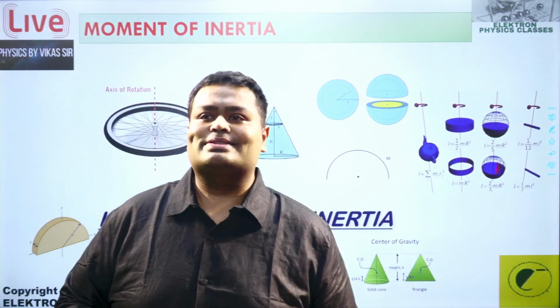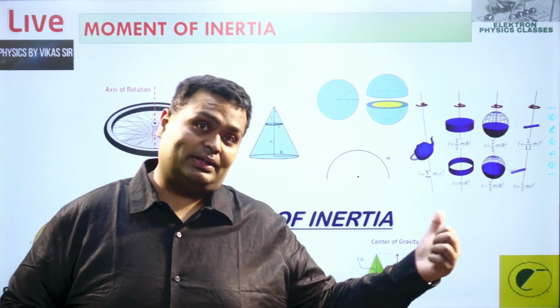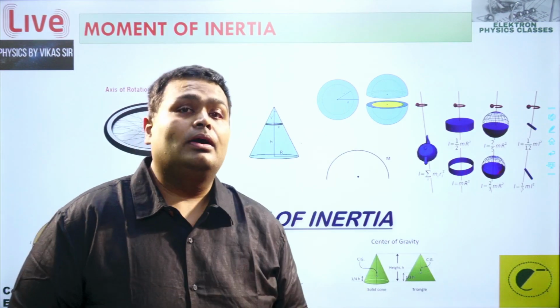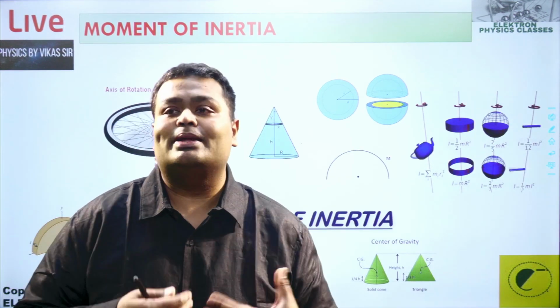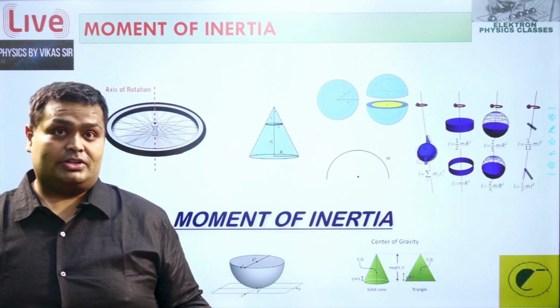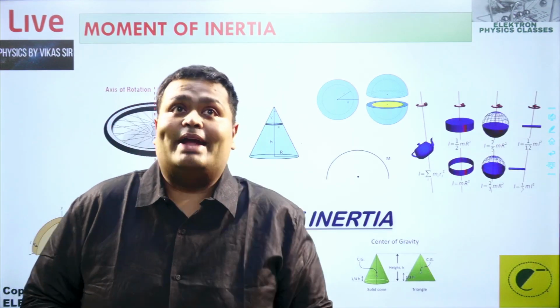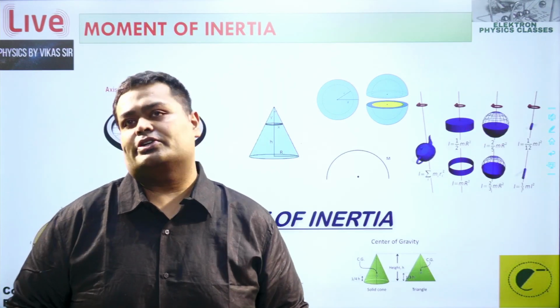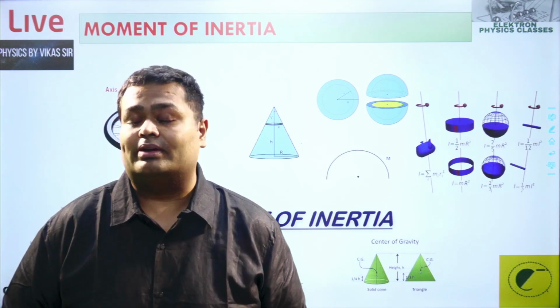While an ordinary cycle can be easily pedaled, a car, a train, a truck cannot be easily pushed. The reason, high inertia. So we are well versed with inertia, and we know the idea. There's a resistance. Heavier the mass, lesser is the acceleration, and that's the idea of inertia.